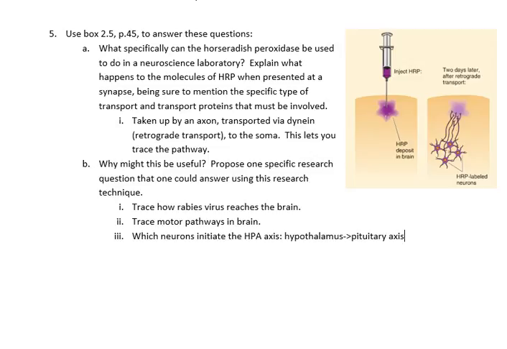So you could inject the posterior pituitary, and this stuff would presumably get taken up by those axons and travel back up to the hypothalamus, and you can see where those cell bodies are originating. I think that works.